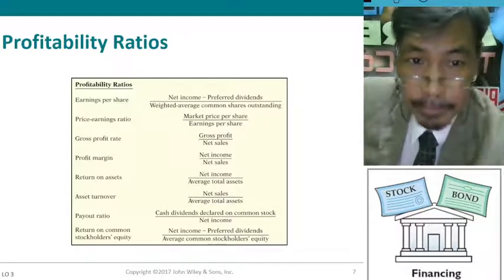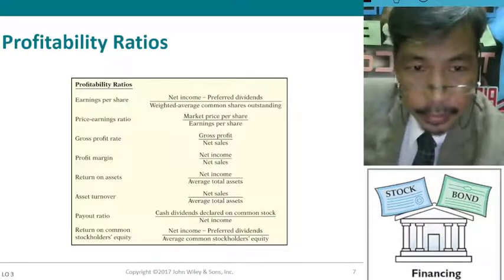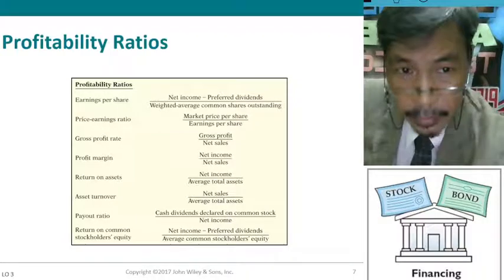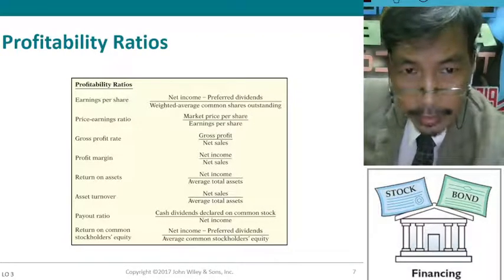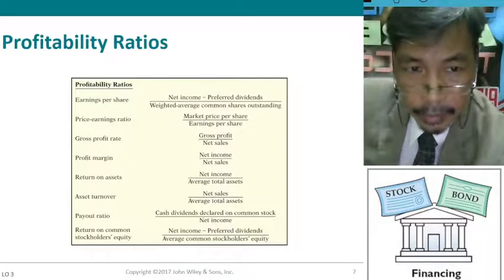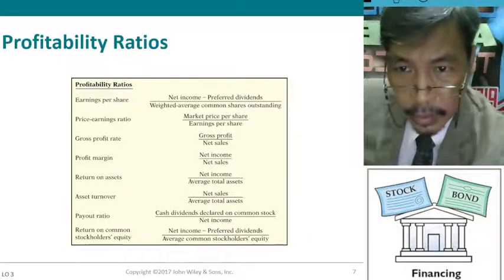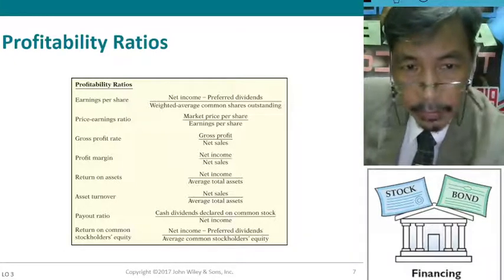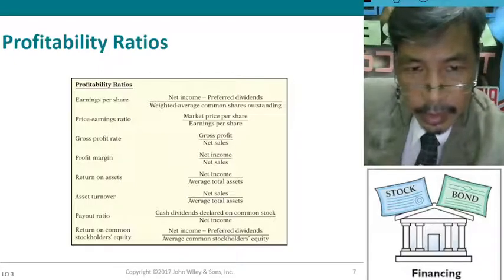And gross profit rate, gross profit divided by net sales. Return on assets, net income divided by average total assets. Assets turnover, net sales divided by average total assets. Payout ratio, cash dividends declared on common stock divided by net income.